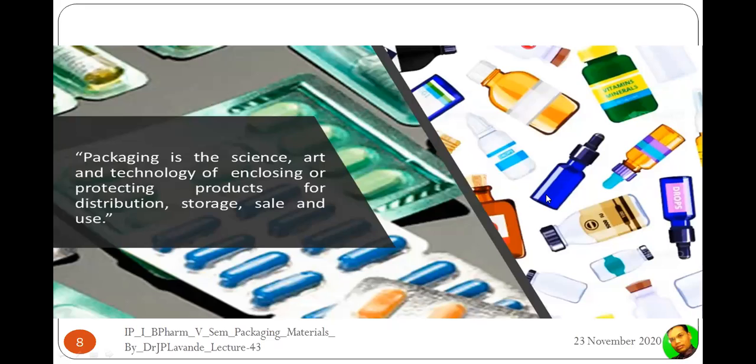The three most important words are safety, efficacy, and stability. So in order to ensure safety, efficacy, and stability, there is a need for protecting and having suitable packaging of a particular product.